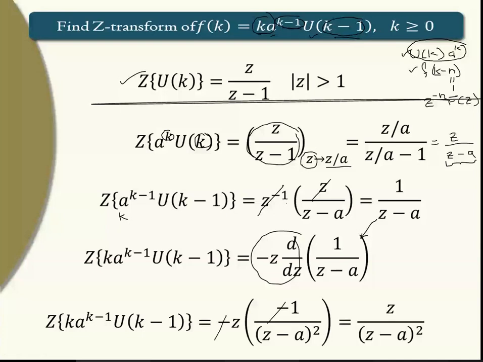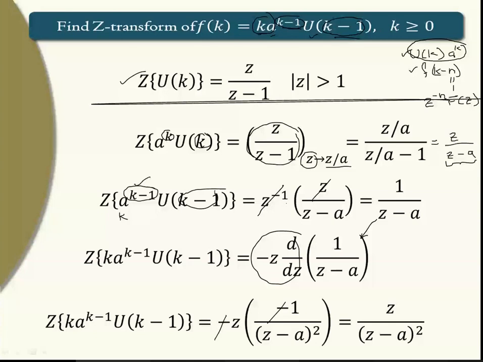Okay. So what we have done in this problem, first we find the z transform of u(k) by standard formula. Then if you want, you can use this property and simplify, or you first use a raised to k into f(k) property and then replace k by k minus 1. Why we are doing this? Because at both these places we have the same term.